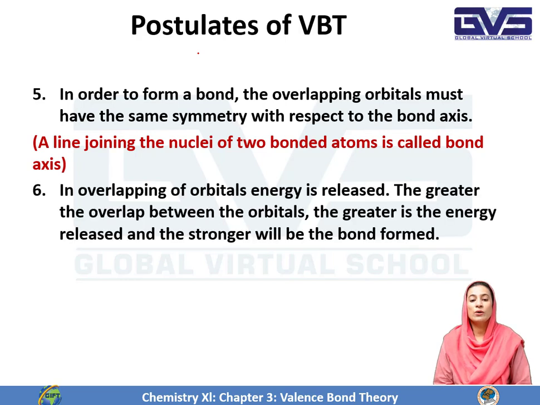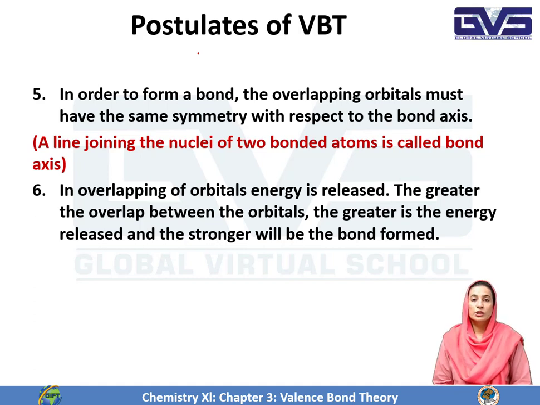In overlapping of orbitals, energy is released. Whenever a bond is formed, overlapping means bond formation, and energy is released because the bond is a stable form. So in going to stability, energy is released. The greater the overlapping between the orbitals, the greater is the energy released, and the stronger will be the bond.